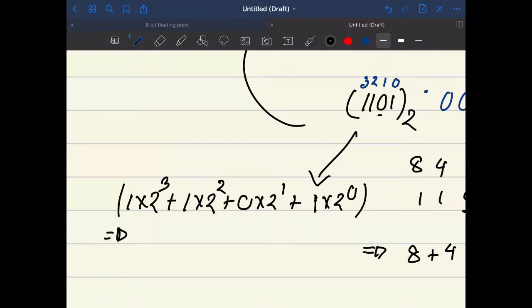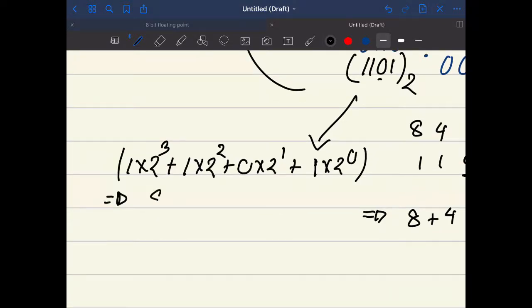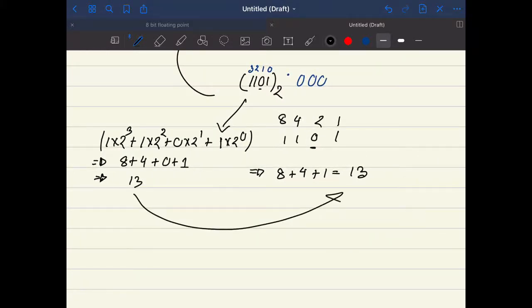Doing all the calculations, this would be 8 plus 4 plus 0 plus 1, which gives us 13. See, both of them are the same. In this example, we find the index number of each bit and then use it as the power of 2 to convert the binary number into decimal.